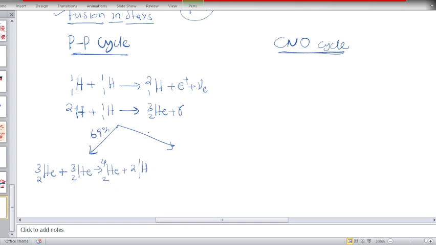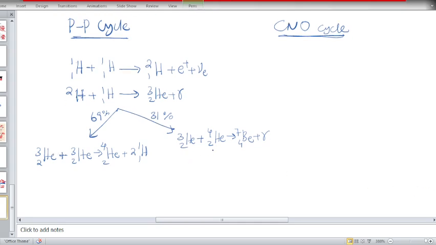And the remaining 31 percent of the time, this helium 3 can interact with helium 4 to form beryllium 7 plus some gamma radiation.